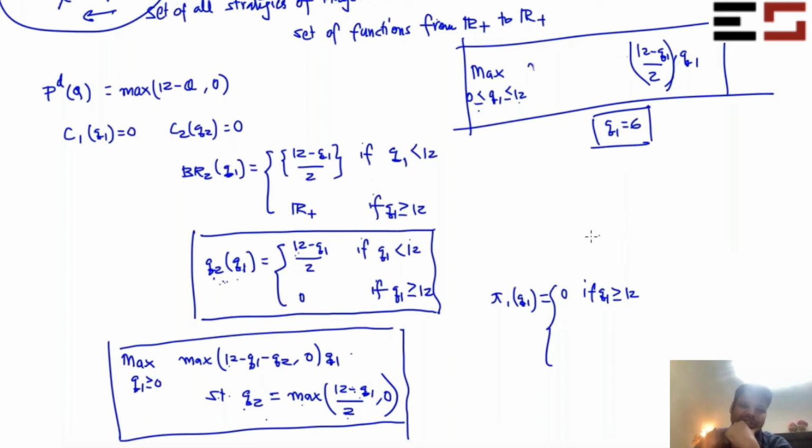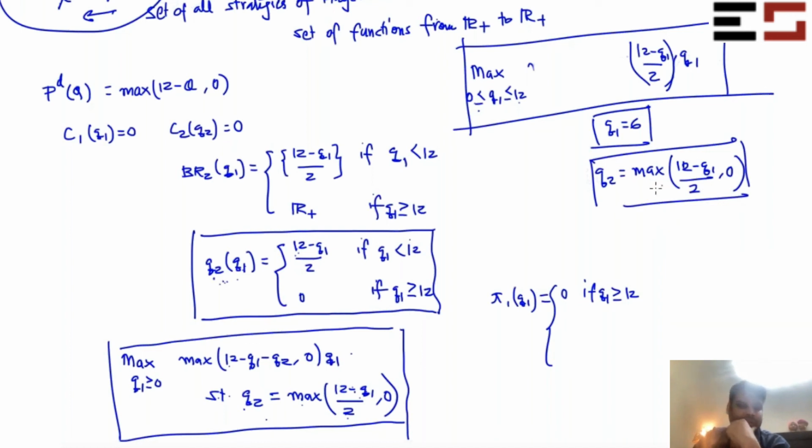So that is the strategy of player 1. Is that okay? And the strategy of player 2 is Q2 equals max of 12 minus Q1 by 2 comma 0. So this is the strategy of player 2. It's a function. So this combination is a subgame perfect equilibrium.